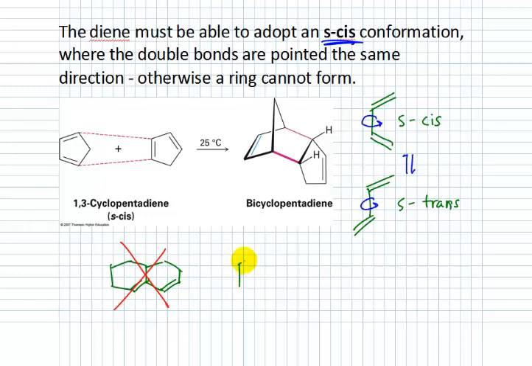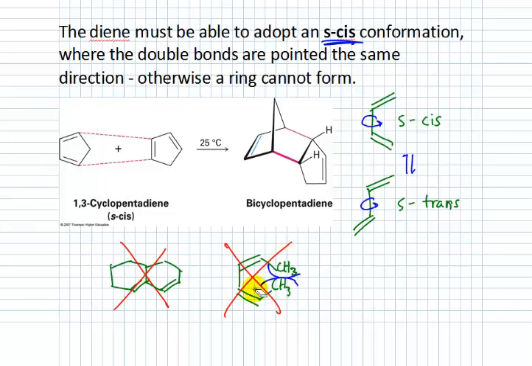Similarly, this compound, where I have two of really any kind of carbon groups pointing in towards each other, will be too hindered to exist in this S-cis conformation. So watch out for that.